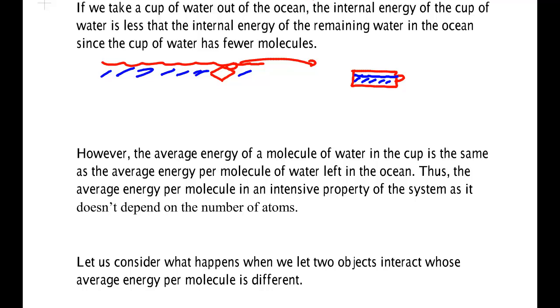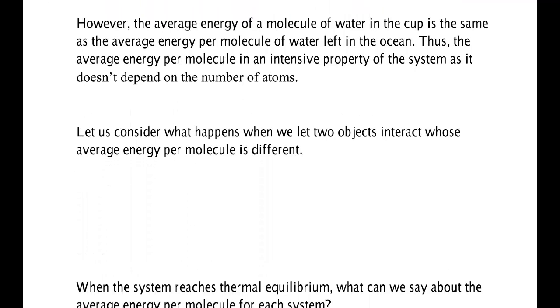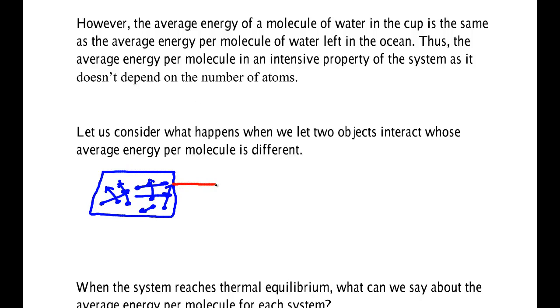Now, let's consider what happens when you stick together two objects that have completely different average energies per molecule. So, for a minute, we'll just think about kinetic energy. These guys, let's say, are going really fast. They have a lot of energy on average. You can think of them as people with $1 million. Each one's got a lot of money. And then they're banging into, interacting with, an object over here whose particles are not moving very fast.